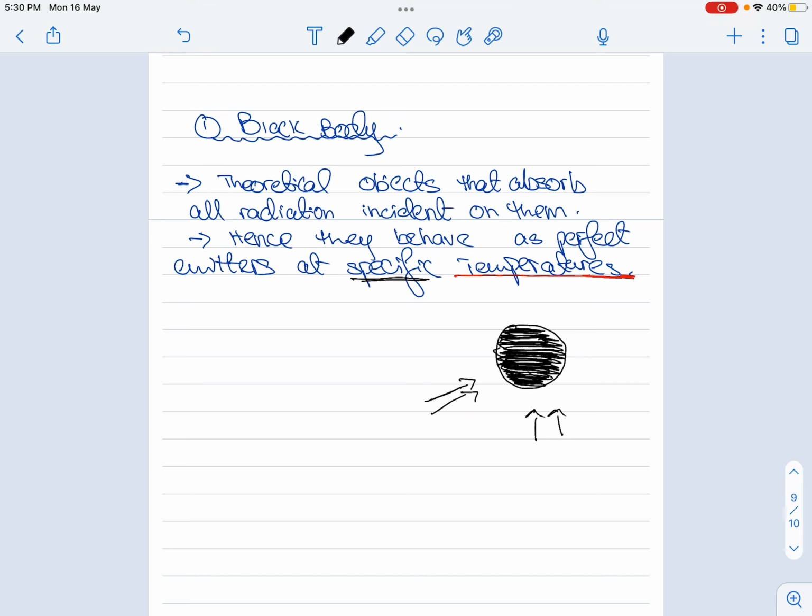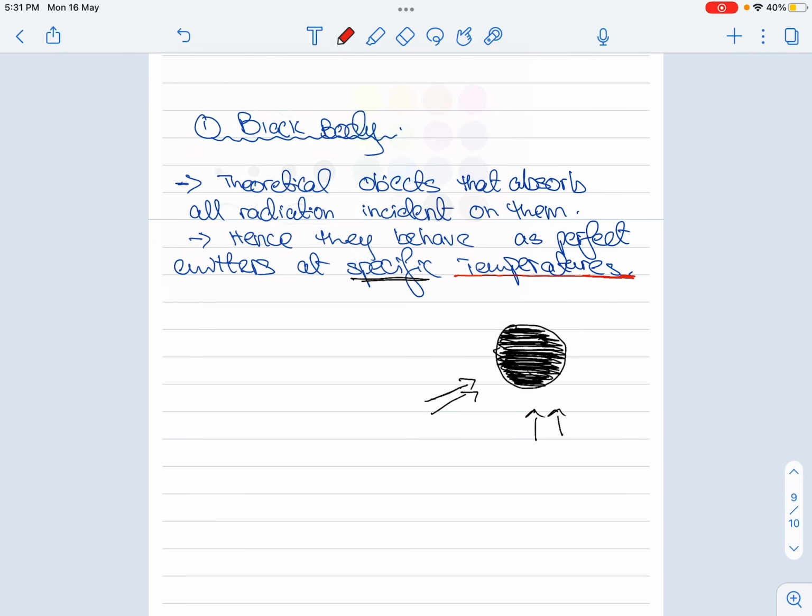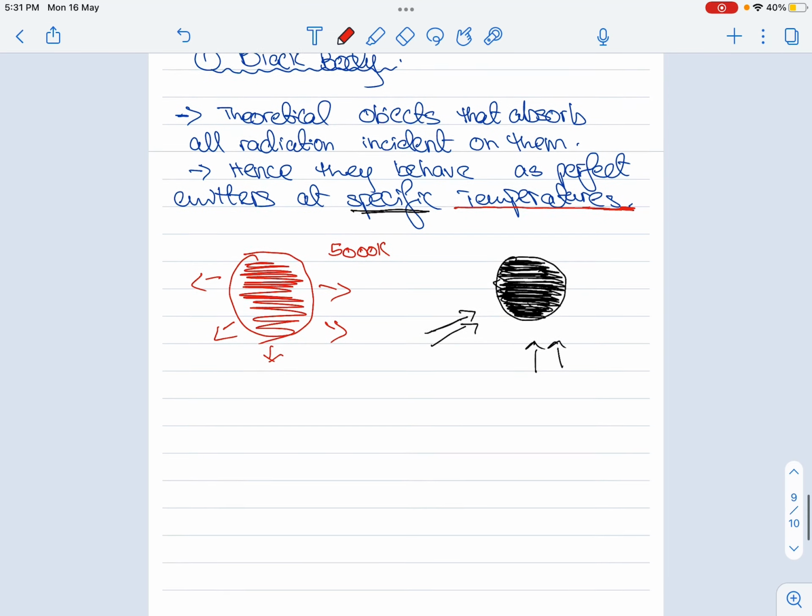Now what happens is when the temperature of the black body goes up, for example, the temperature goes up to 5000 Kelvin, now it will be emitting wavelengths because the temperature went up, right? So now, for example, we'll see the color red. So this is what happens with the black body.